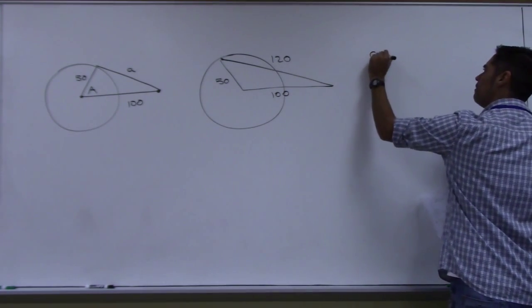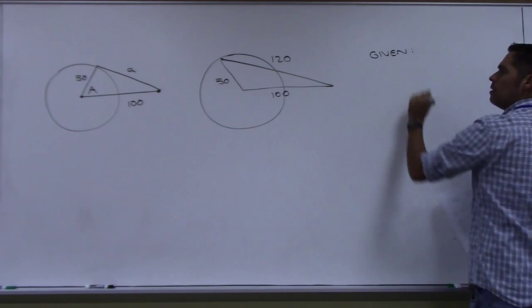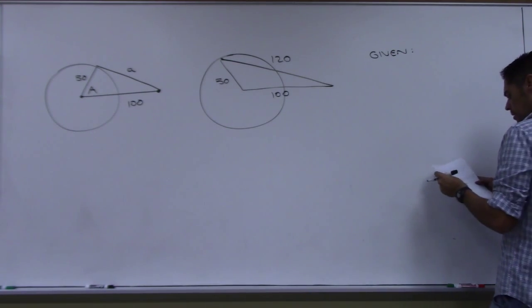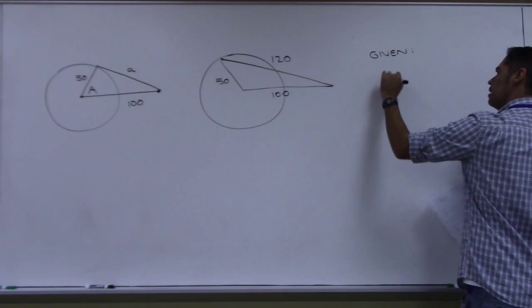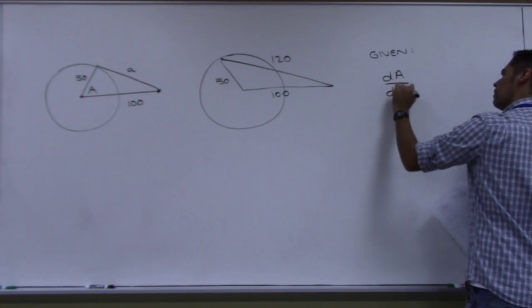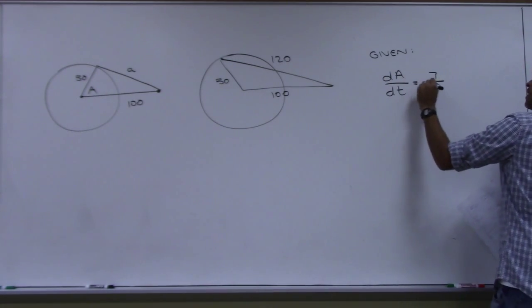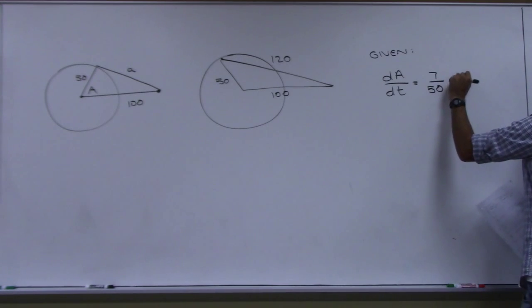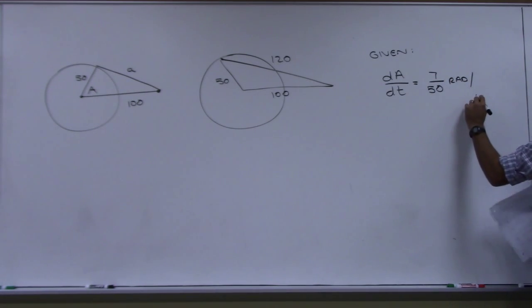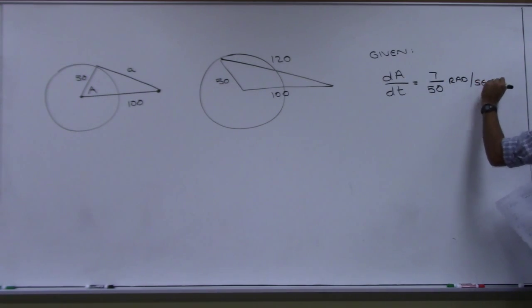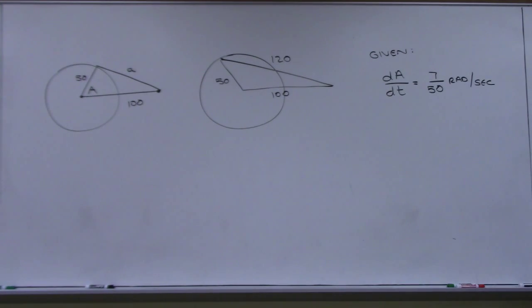What we were given: did we find d capital A? 7/50ths radians per second. And what else?